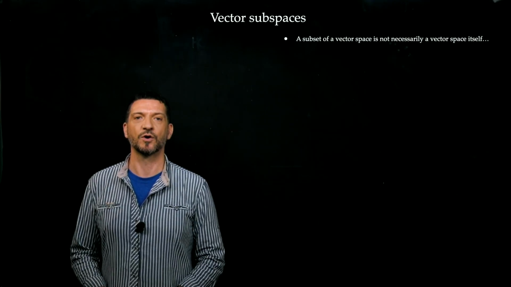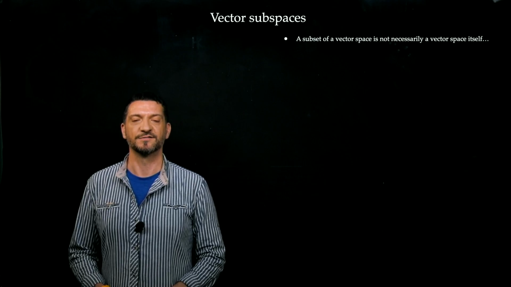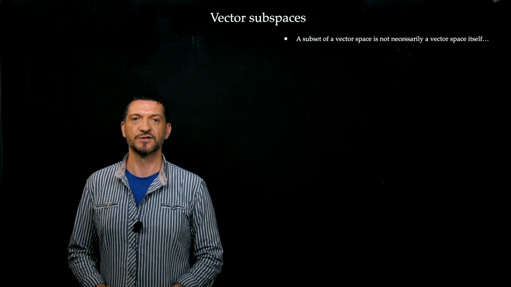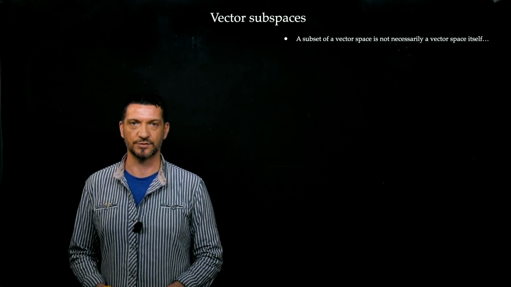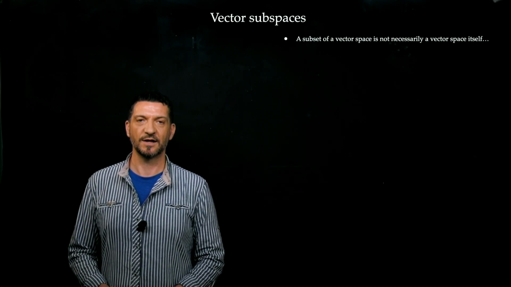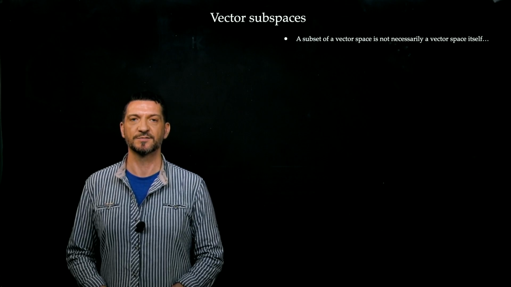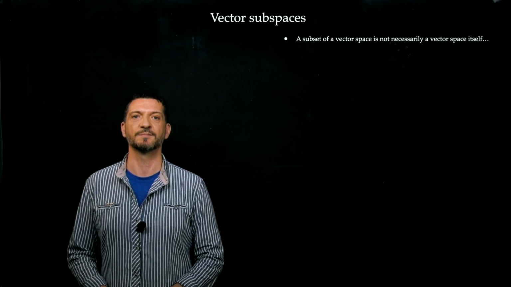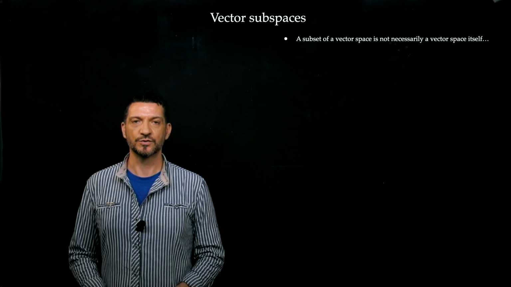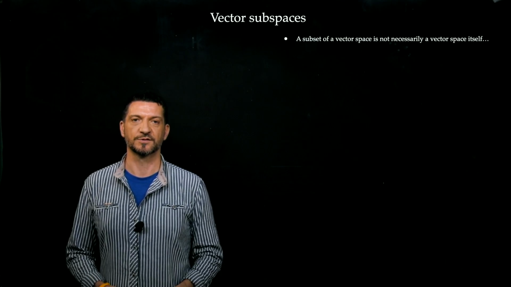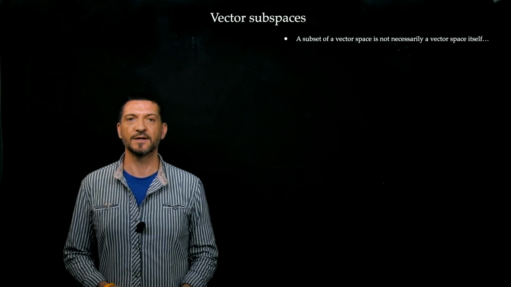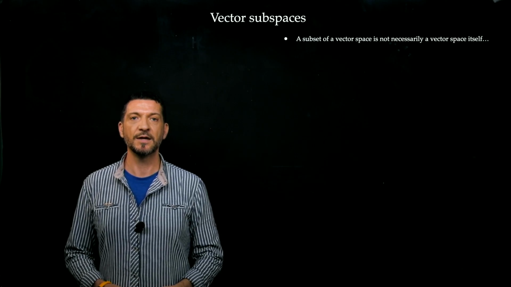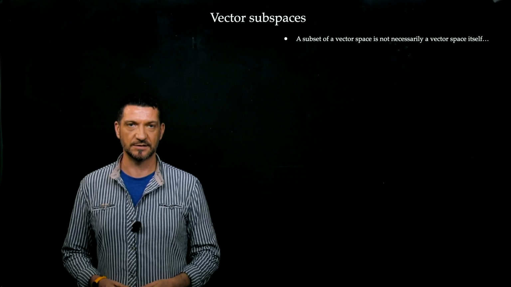It is now time for a well-deserved recap. As I told you, when mathematicians build a structure, they are also interested in analyzing their substructures. Here we are analyzing vector spaces, and their substructures are called vector subspaces. They are interesting and non-trivial objects to analyze and characterize because, as we have seen, a subset of a vector space may not be a vector space itself.